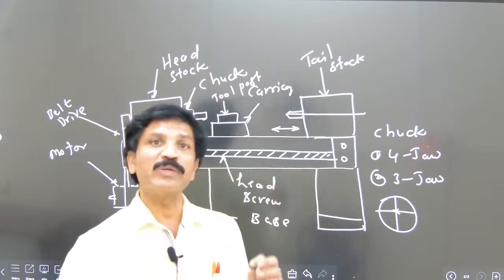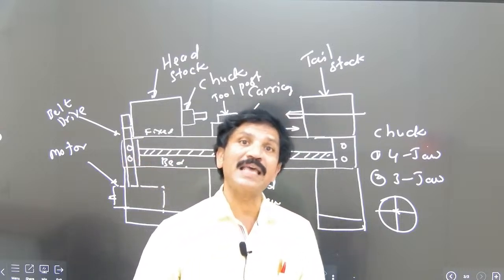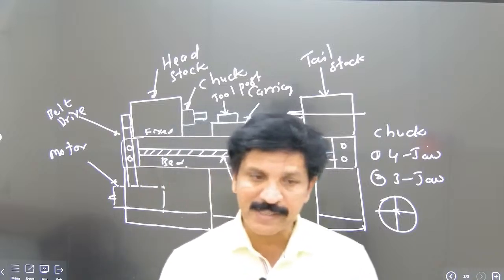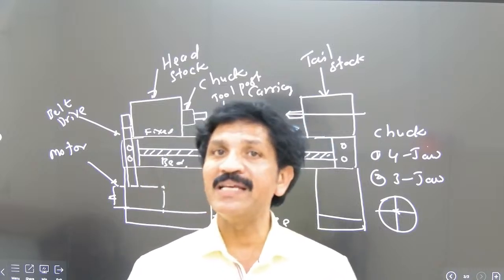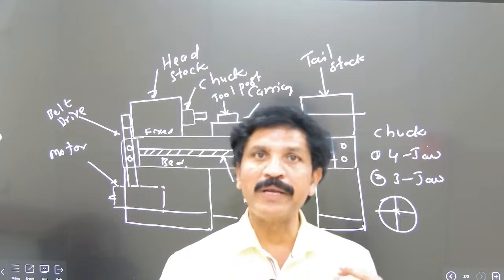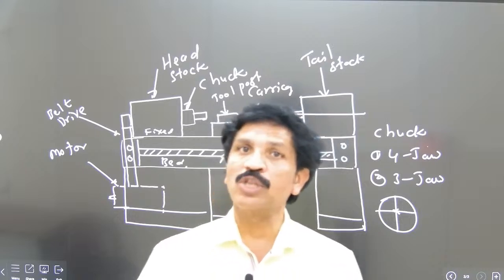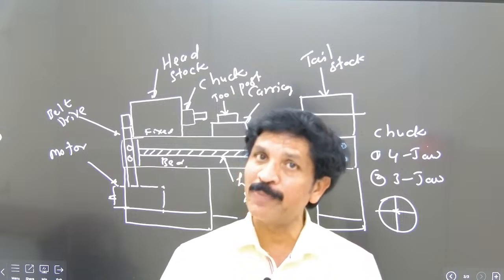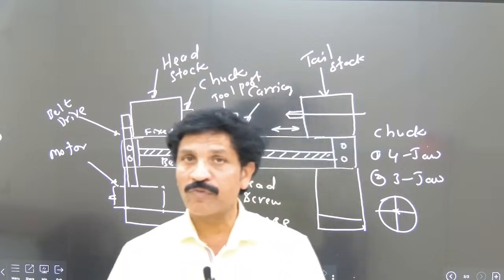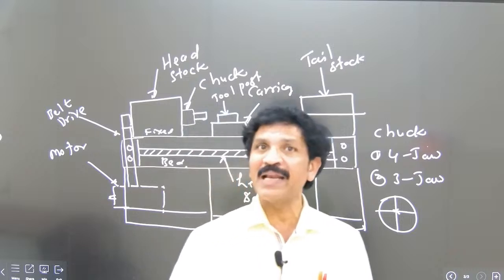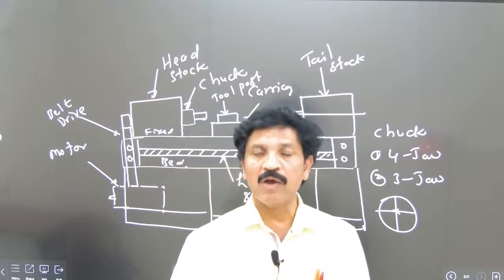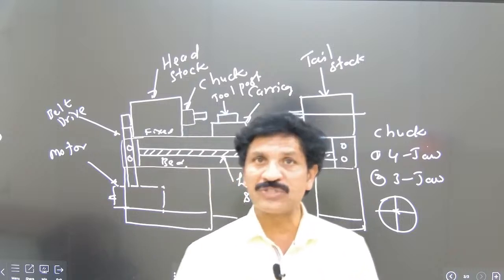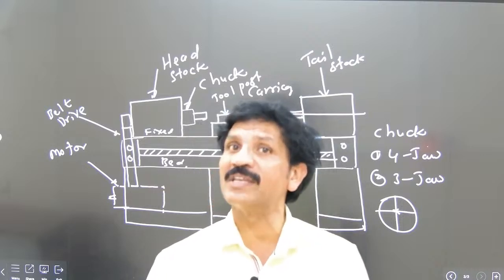As per the type of the material, we can select the speed. For example, if the material is very strong, the tool is going to cut and interact with the material. Whenever the strongest metal is there, for example mild steel, a very high speed is required.